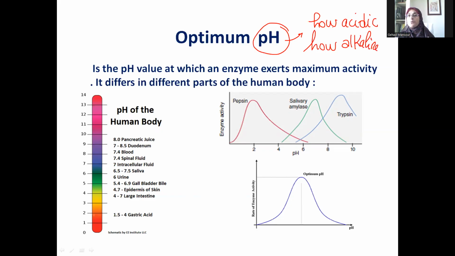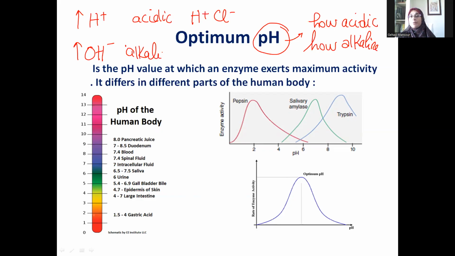So the more you have of hydrogen ions, the more the solution is acidic, like when you have a lot of HCl, hydrochloric acid, in a test tube. But the more you have of OH, which is the hydroxyl group, the more alkaline the medium is.